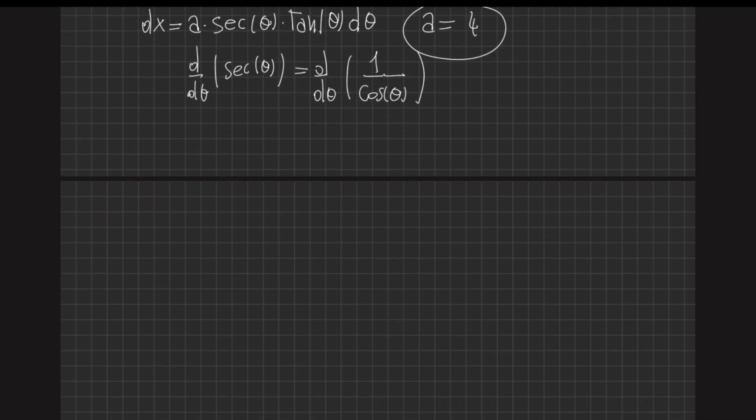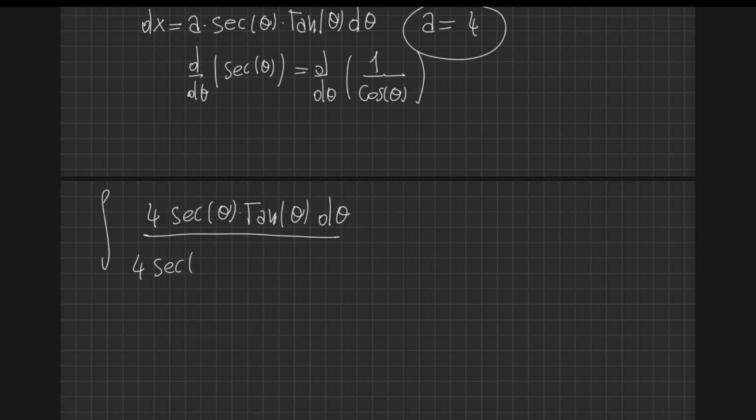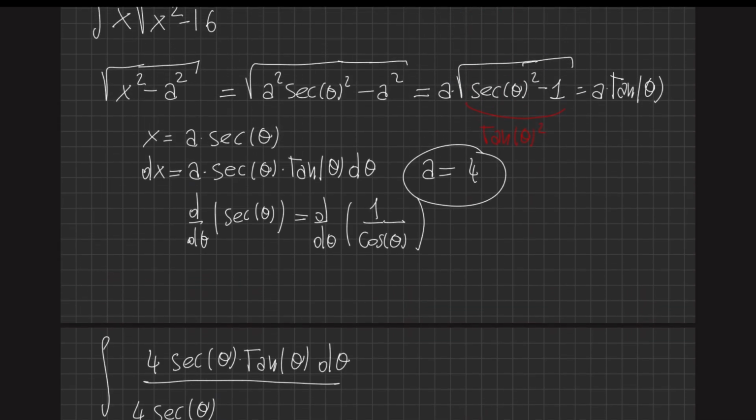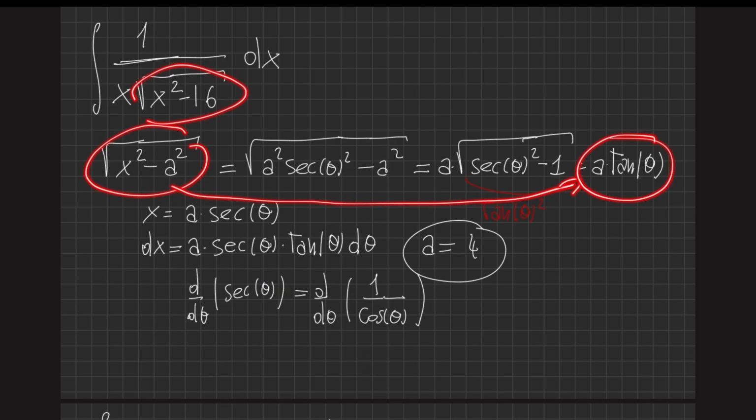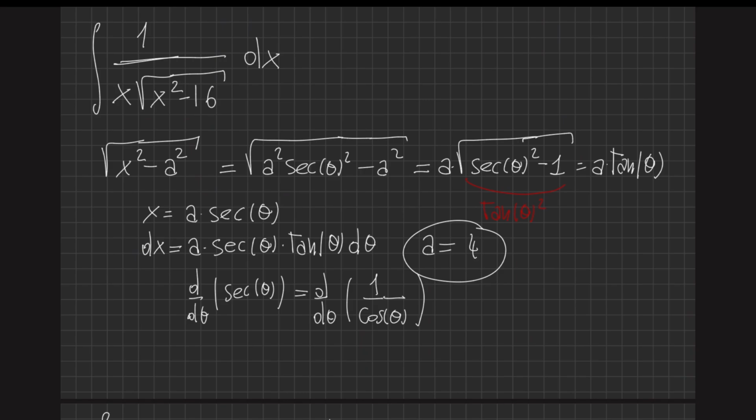We're going to get the integral of 4 times the secant of theta times the tangent of theta d theta, so this is just the dx, over 4 times the secant of theta, which is x, and then for the square root, remember, we've done all this chain of equalities, so we can rewrite it just as 4 times the tangent of theta.